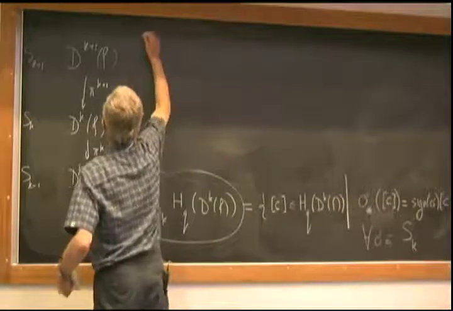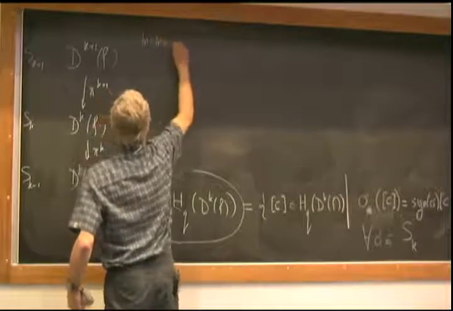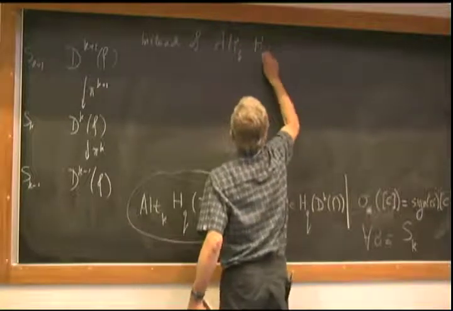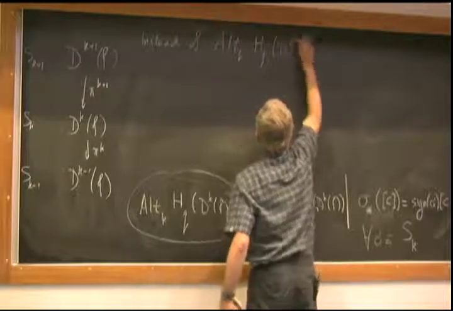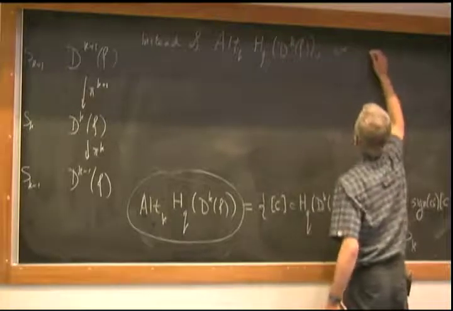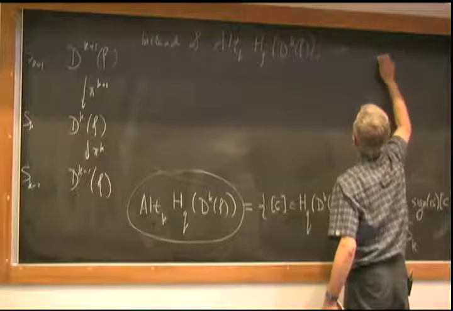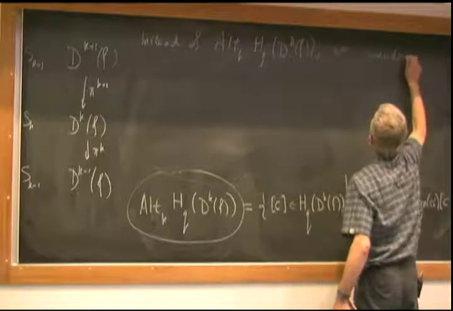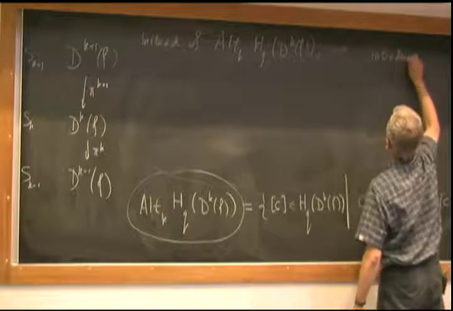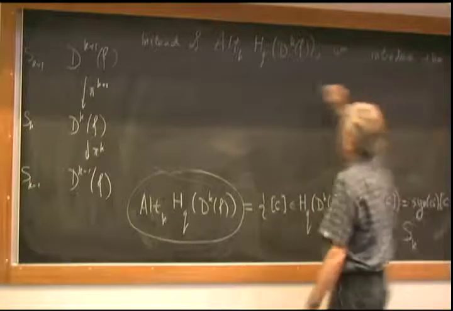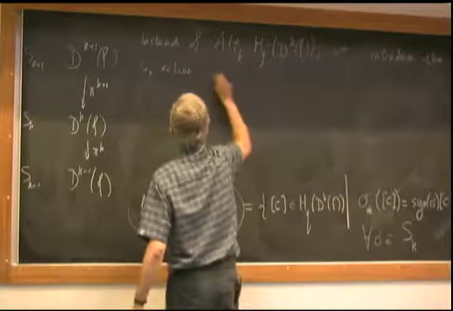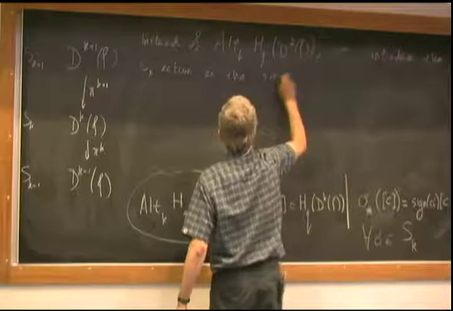So instead of the alt k HQ dkf, we introduce alternation, we introduce the Sk action on the chain complex, on the singular chain complex.